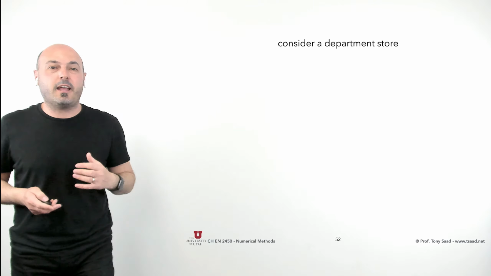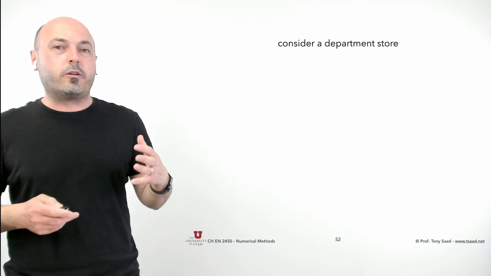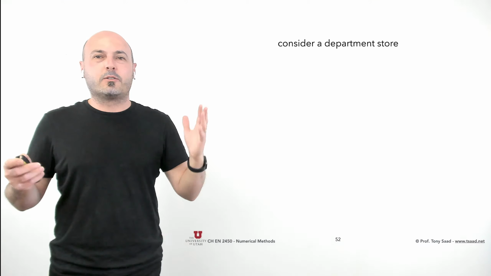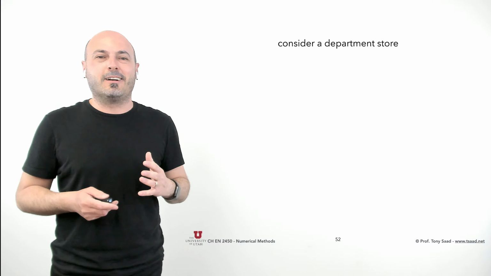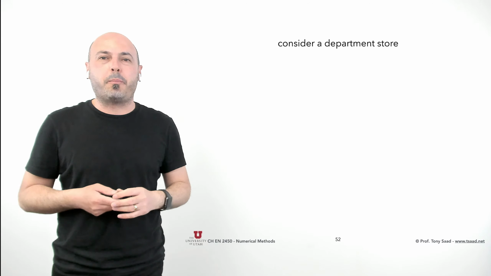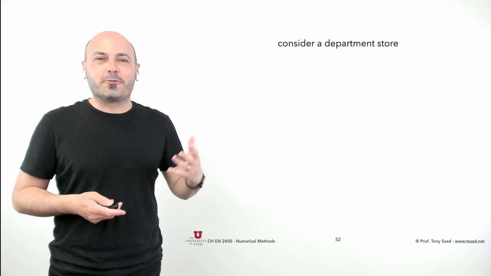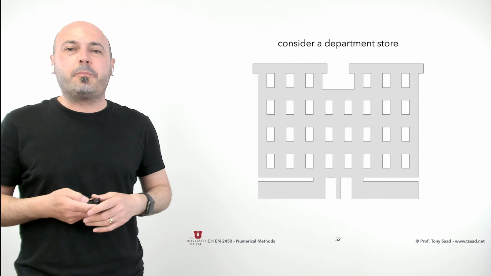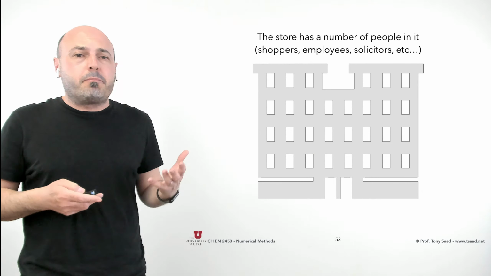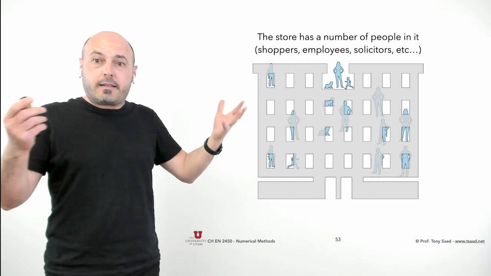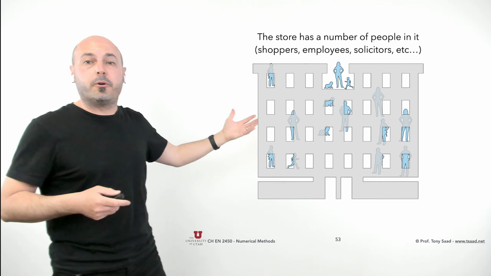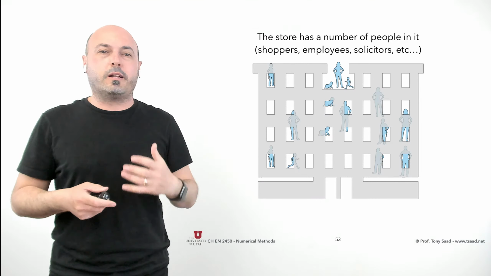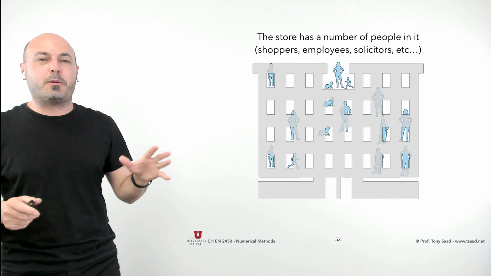To do that, we're going to consider a department store. Pick your favorite department store. It's like no one went to department stores anymore, but now as we open up again, it's interesting to go to department stores. People are interested in seeing each other again. And in a department store, there are people existing in the store at any time. There are shoppers, there are employees, people trying to sell you things, solicitors, these little kiosks, people calling you.